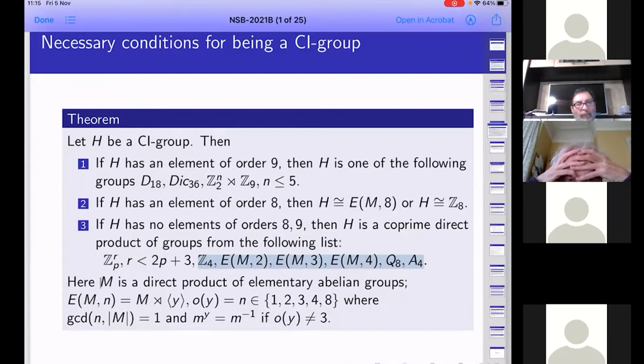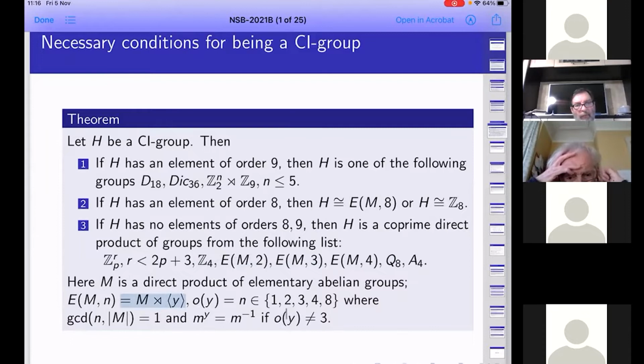So M here is a direct product of elementary abelian groups. And EMN is a semi-direct product of the group M by an element Y of order N, which acts in the following way.